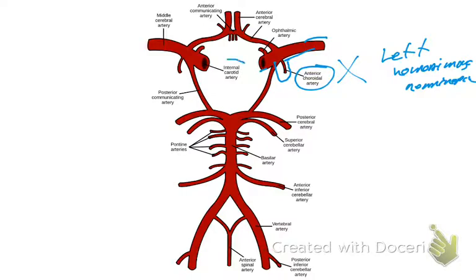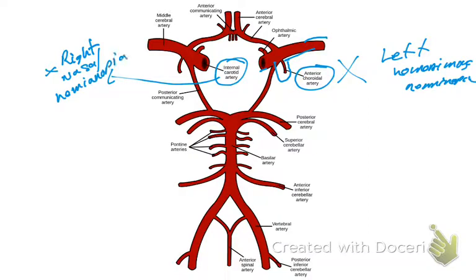So this is the internal carotid artery there. A lesion of this one can cause the right nasal hemianopia. Okay, so let me just put a red mark. We know that is a lesion. Okay, let's show this one. Got it.